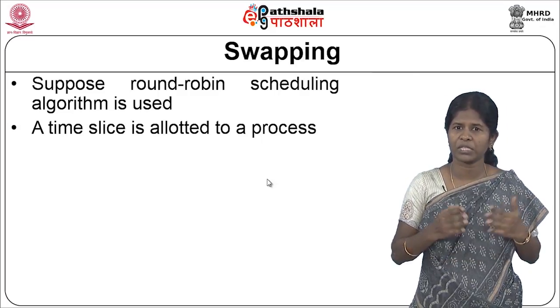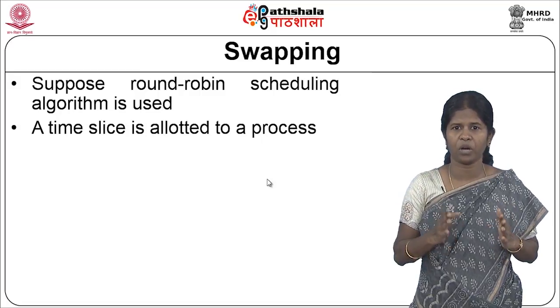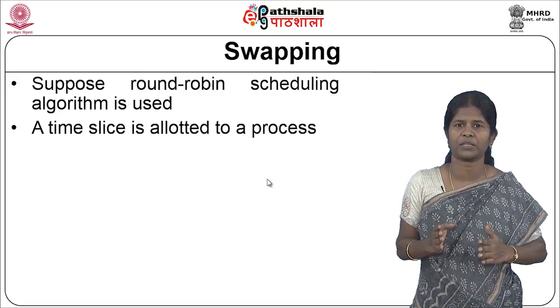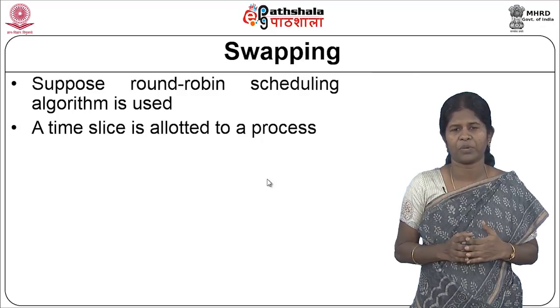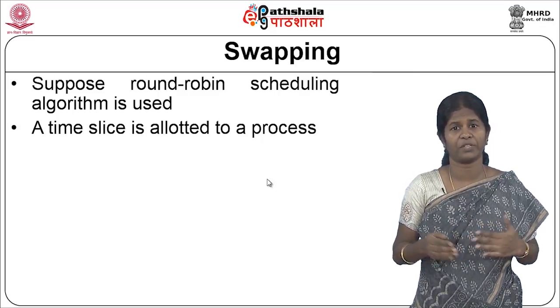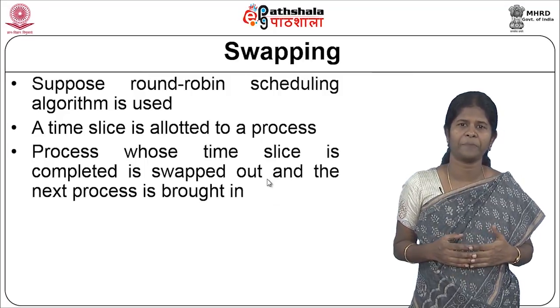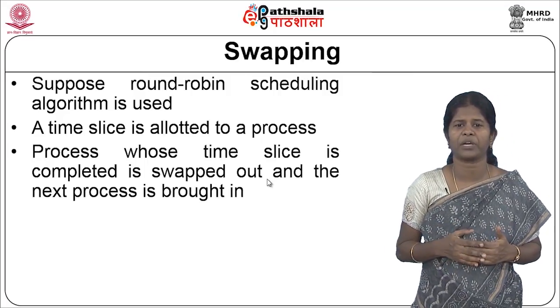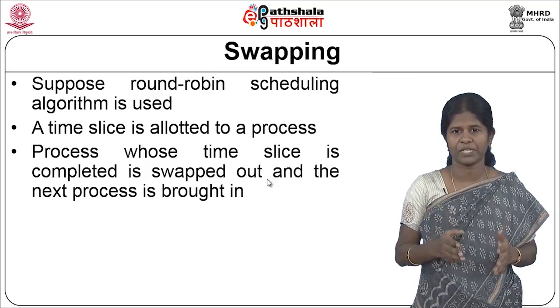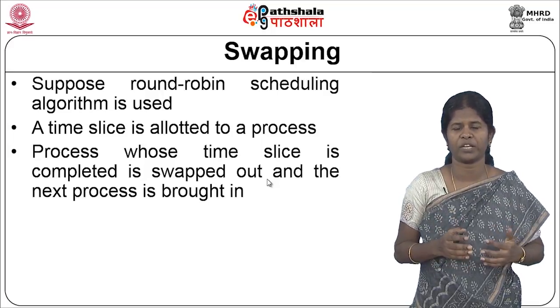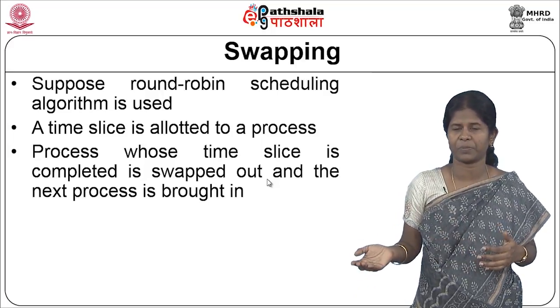Only the process that is currently using the CPU, or whose current time slice is being executed, needs to be kept in the main memory. The remaining processes, if there is space in the main memory, you can keep them there. If there is not enough space, the processes whose time slice got over can be moved to the swapping space.